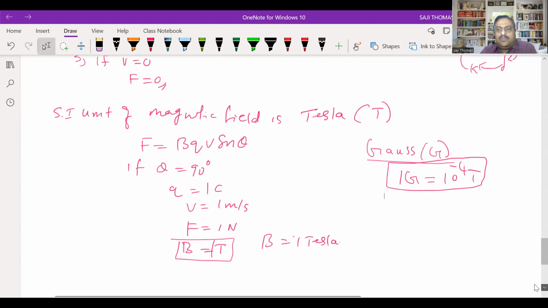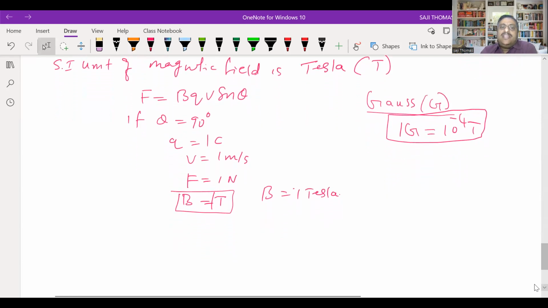Okay. Now, see, we have seen that when a charged particle moves perpendicular to the magnetic field, the force is perpendicular to the velocity and B. See, if a force is perpendicular to the velocity, what will be the nature of the path traveled by the charged particle?